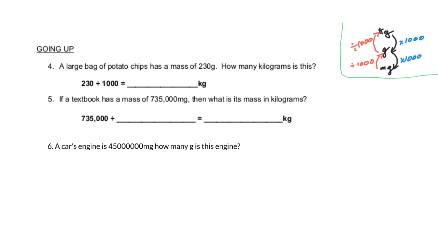Now, you got to remember that when we look at our chart, we're going to use our chart here. So, go to your chart. We're going from grams to kilograms. So, we start here, grams, and we're going up to kilograms. So, that's why we're dividing by 1,000. And you'll see that on our sheet, we have 230 divided by 1,000. So we take whatever our number is and divide it by 1,000. So doing so, that will give us the following. 230 divided by 1,000.